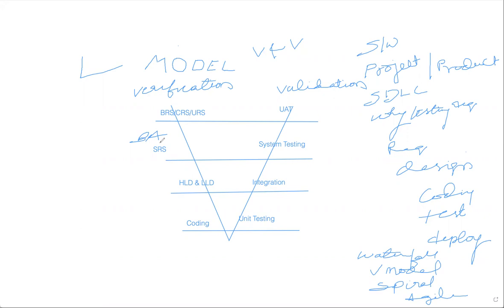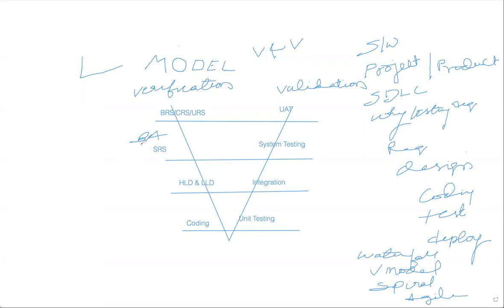So in the SDLC the first phase is the requirement phase, and the second one is the design phase. There are two more documents, HLD and LLD, prepared based on the requirement documents.